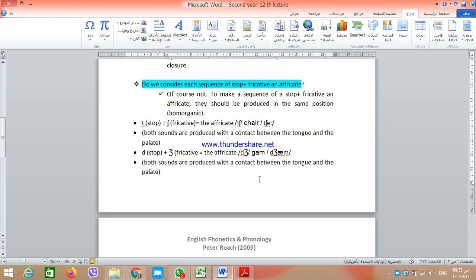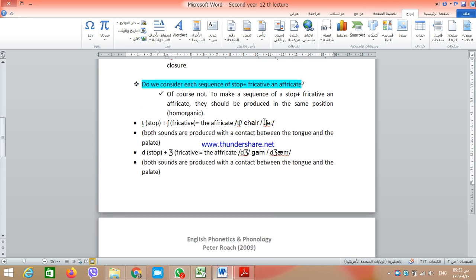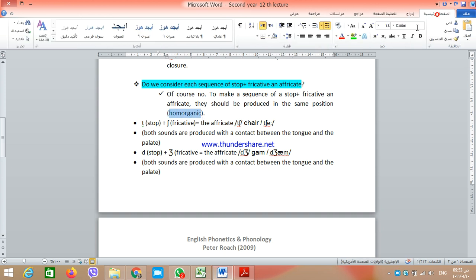Now, do we consider each sequence of a stop like t and a fricative like sh an affricate? No. Of course no. To make a sequence of stop plus fricative an affricate, they should be produced in the same position, or we call them homorganic.